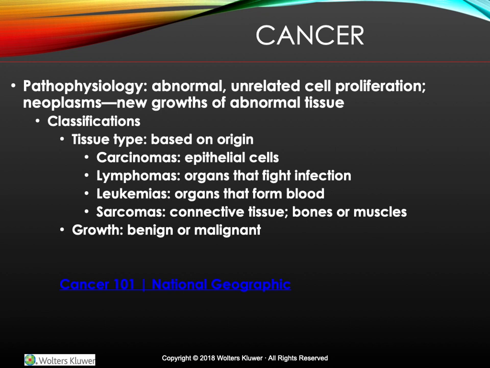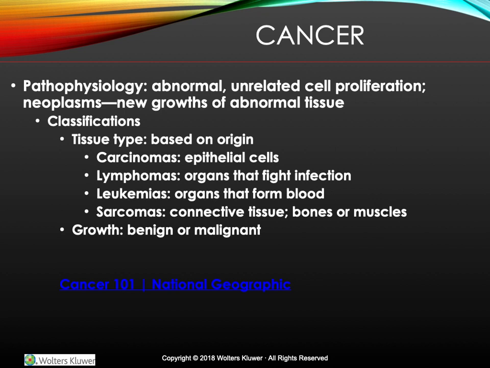Now, you can have a tumor that can be either benign or malignant. So, this again, we have well differentiated cells, and they look normal, and they tend to grow and spread slow.